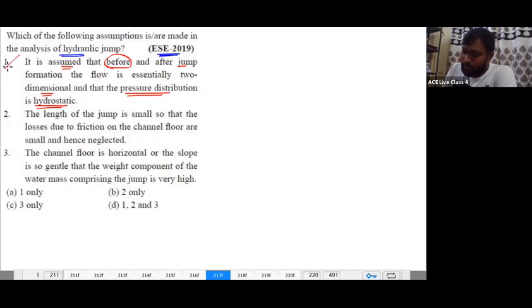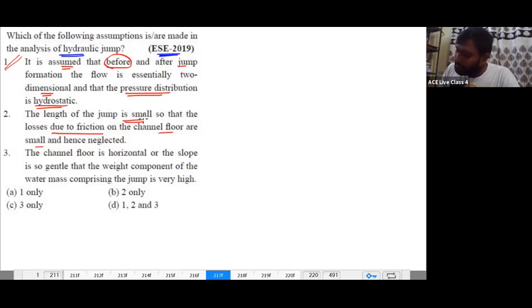I told you before and after the hydraulic jump the pressure distribution is hydrostatic. Yes or no? If you want, you can go back and check the assumptions I made. Flow is steady, pressure distribution is hydrostatic, I neglected the frictional resistance. One is correct: the length of the jump is so small that the losses due to friction on the channel floor are small and neglected.